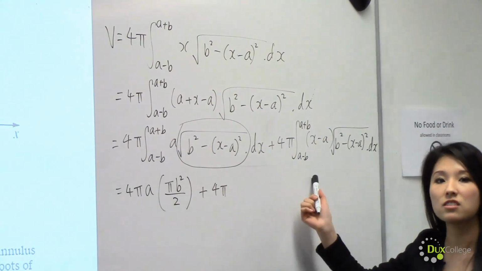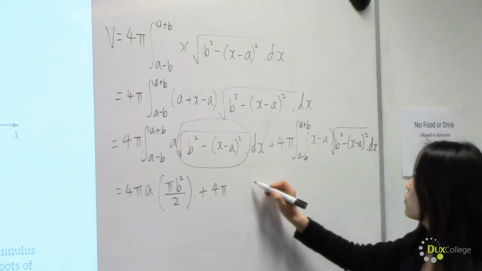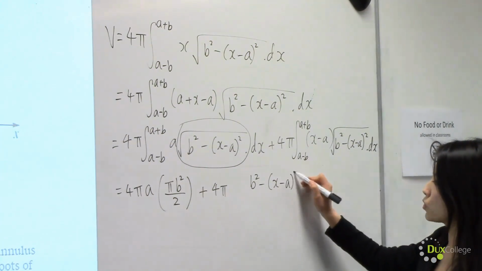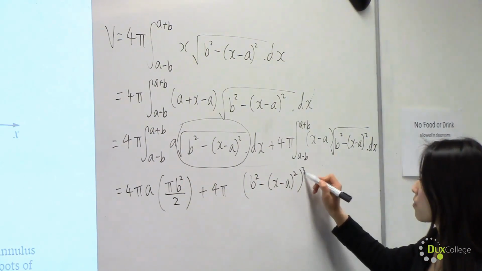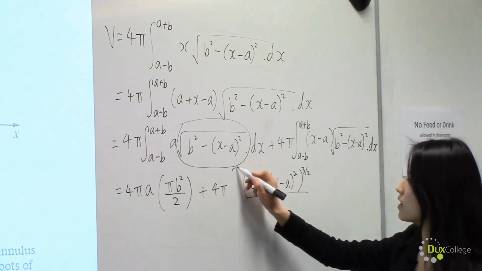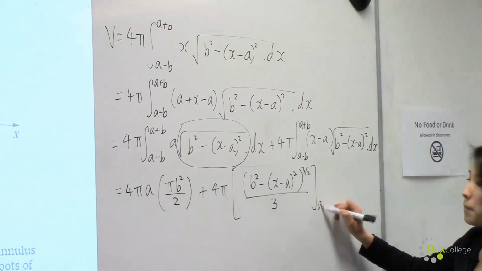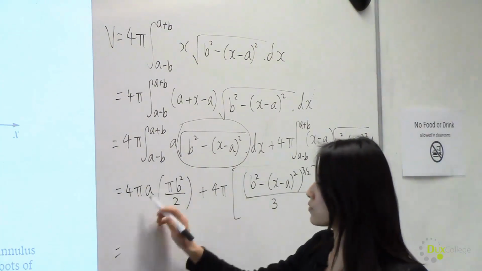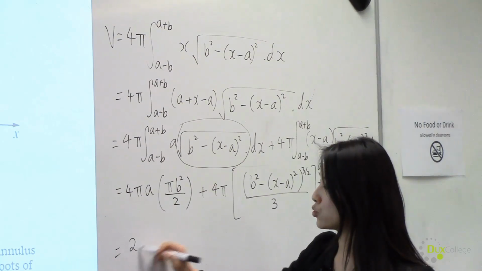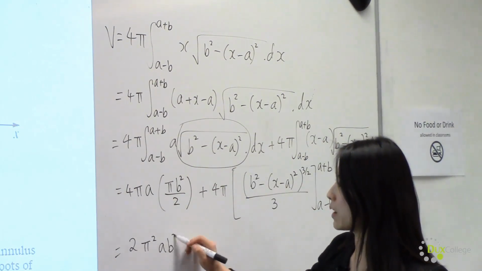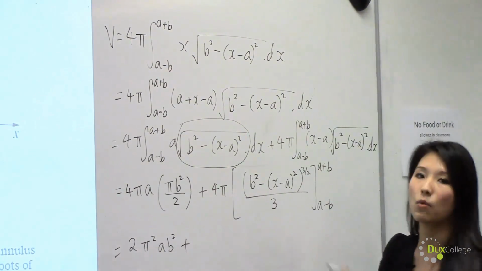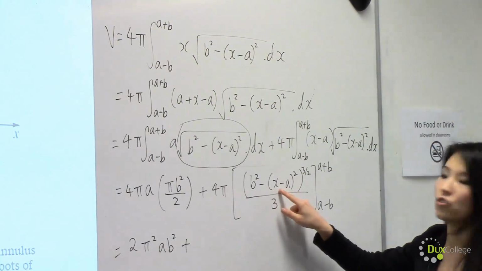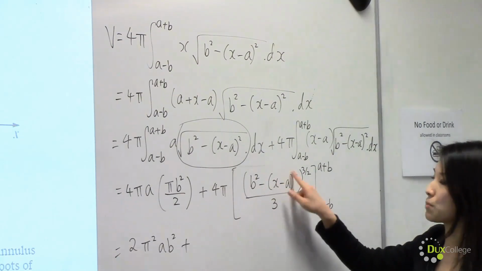Now to integrate the other part, we can use the reverse chain rule, which gives us (b squared minus (x minus a) squared) to the power of 3 on 2, over 3, and evaluate this from a minus b to a plus b. Now this first part here, simplifying it, we get 2 pi squared a b squared. Now this part, you can see that when you put in a minus b in here, then you just get b squared, and b squared minus b squared gives you 0.